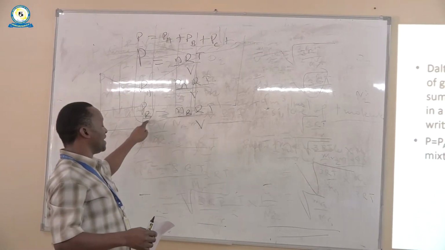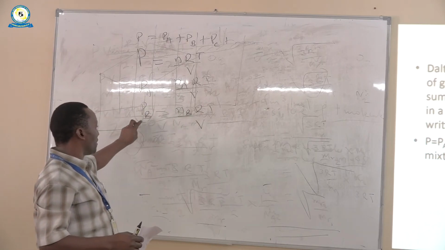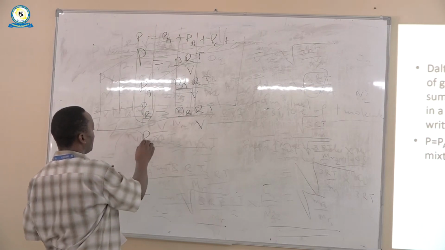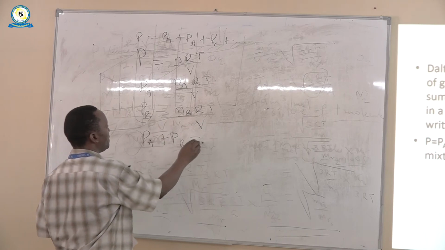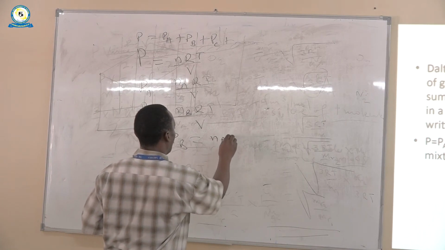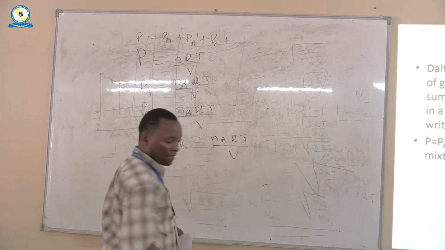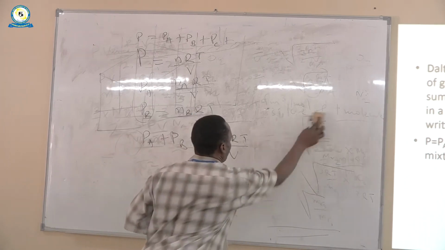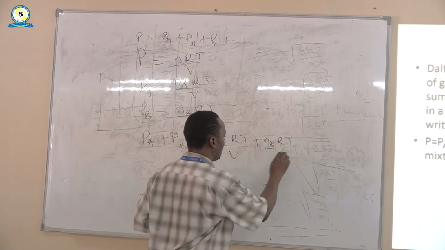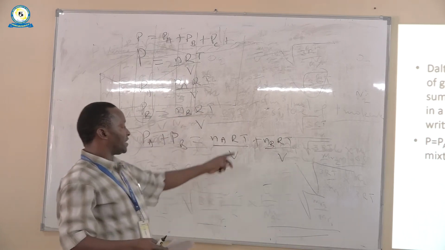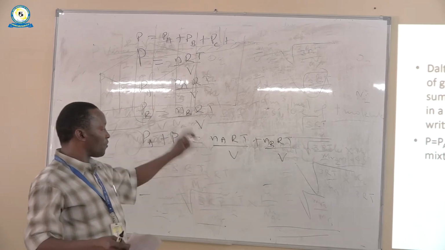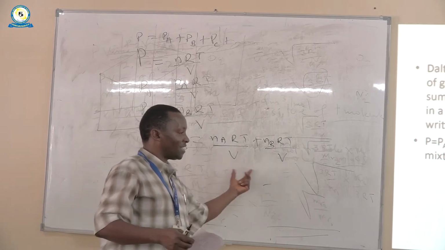Suppose that we have A and B as gases with partial pressure A and partial pressure B. So the total pressure, PA plus PB, is equal to P, which is nA RT over V plus nB RT over V. T and V are treated the same, with the assumption that all of them are within the same container, so they have the same volume.